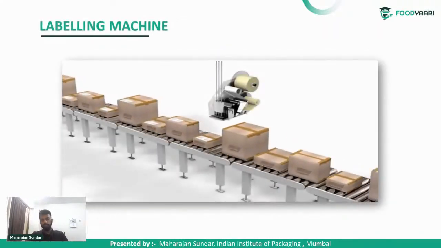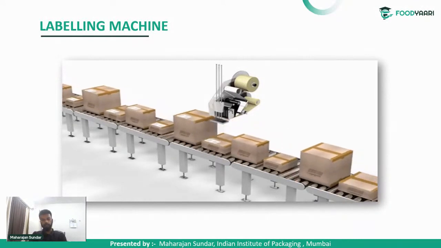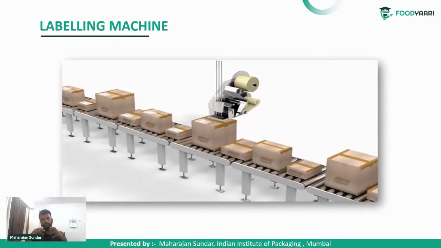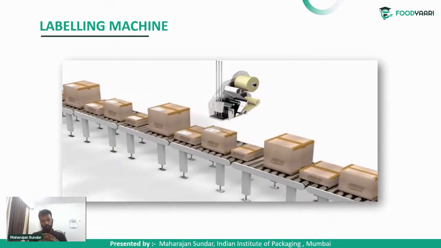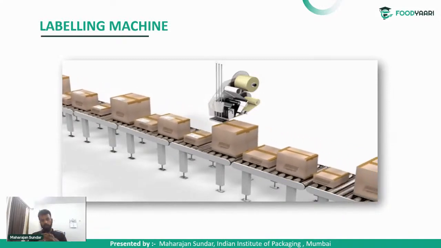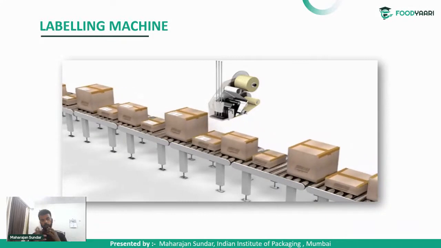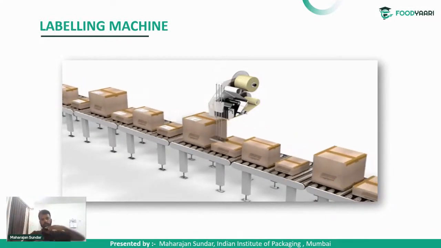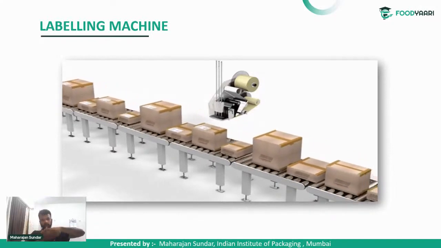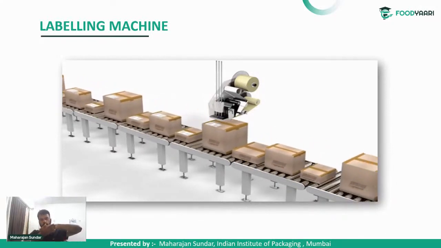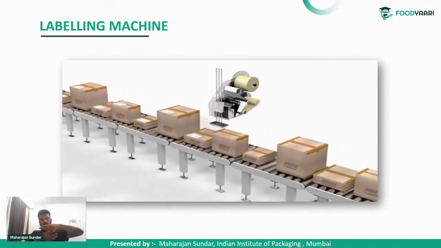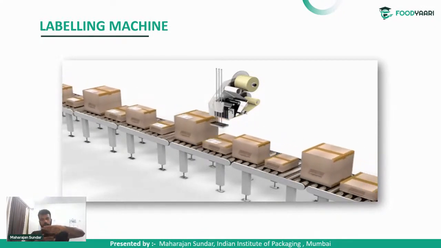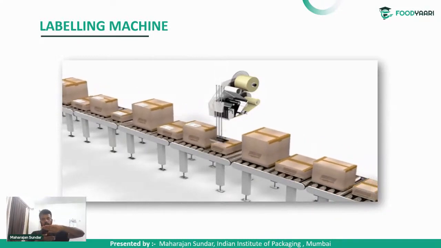Then the labeling machine. It is advanced, as visible here, and the product is completely packed. It can be for different products as well. For example, if a glue is applied, the label material will be coming from one side, and on the way there will be a rotary cylinder with glue over it.